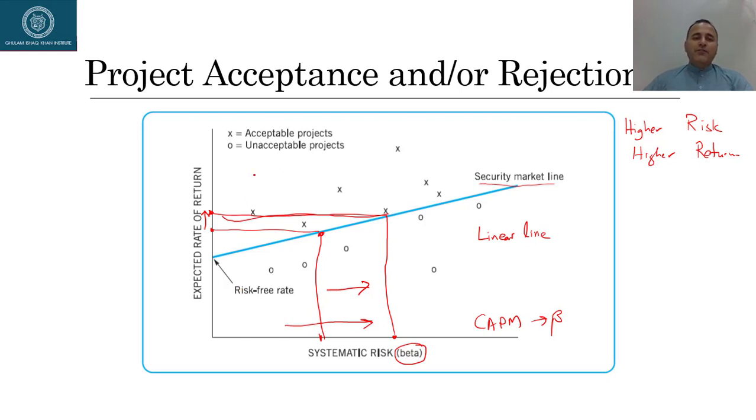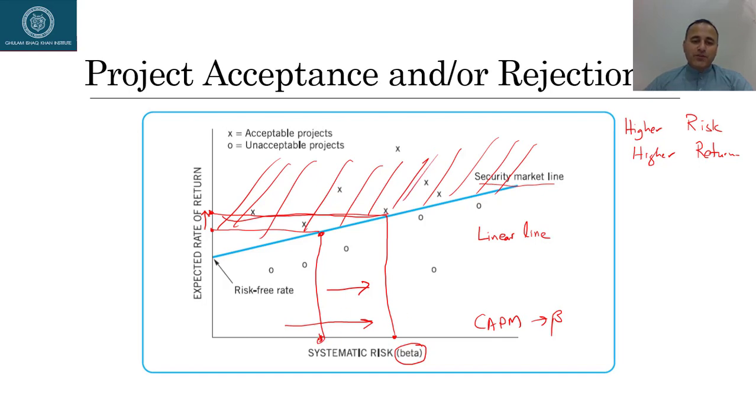Now if your project return is above this security market line, that's an acceptance region. The whole region above this blue line is an acceptance region. Why? For this risk, I need a minimum of this much return.